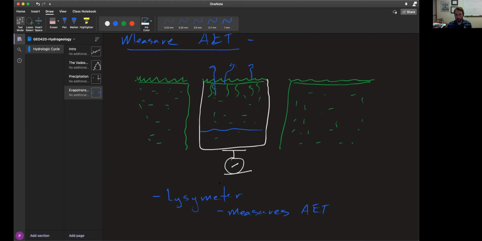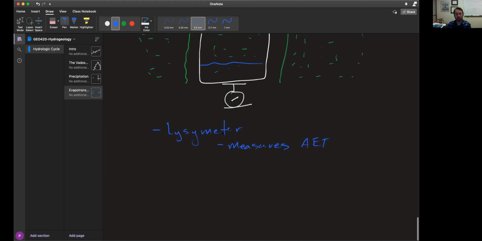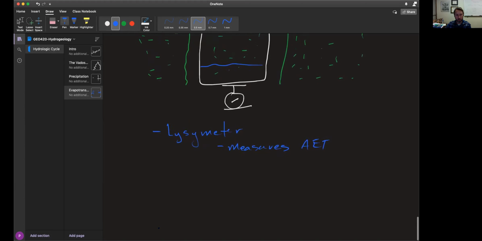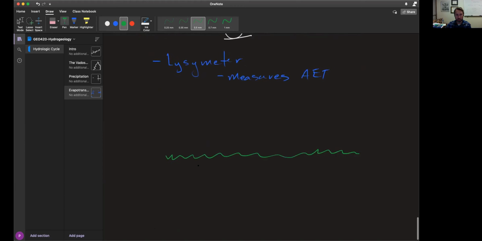So this is a way to measure AET, but it's limited. And then there's another way. And again, this is just so you have been introduced to it enough that if you were interested in actually calculating or measuring ET, you know some of the methods.